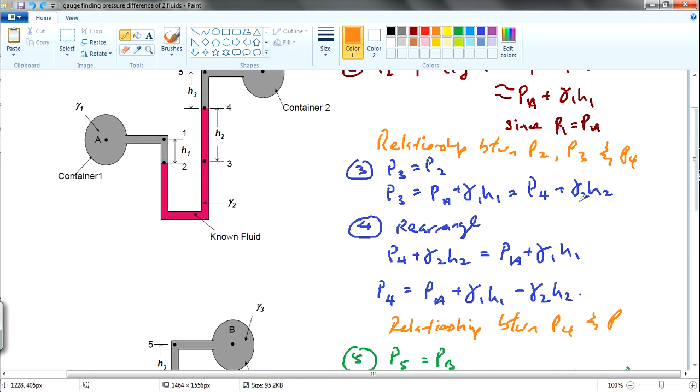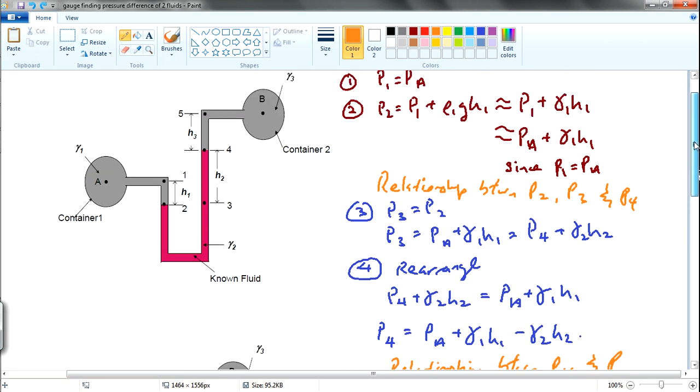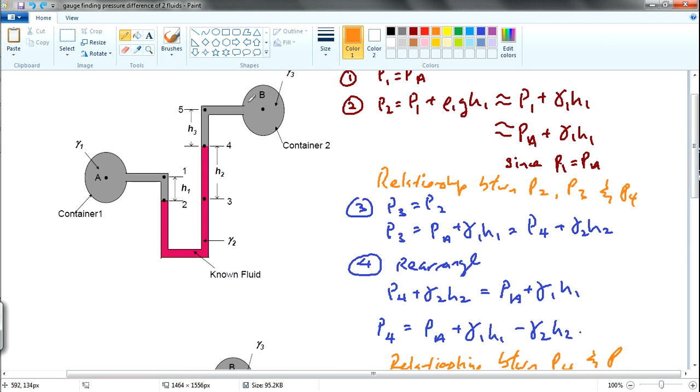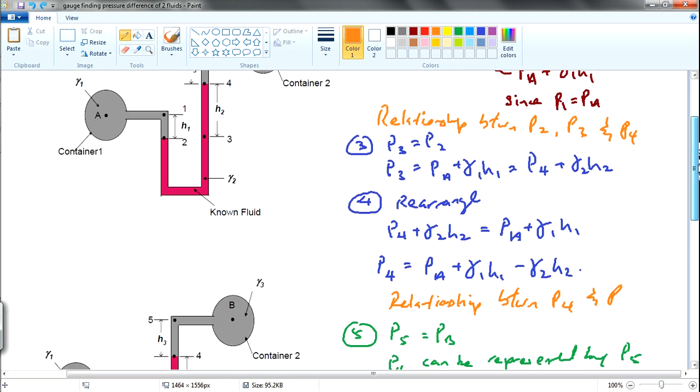And then we have this already. We rearrange this portion. Since we know that P3 is equal to this one and this one, we rearrange this and this in terms of P4, because we have to incorporate point 5, which is the point B, the fluid point where we want to measure.